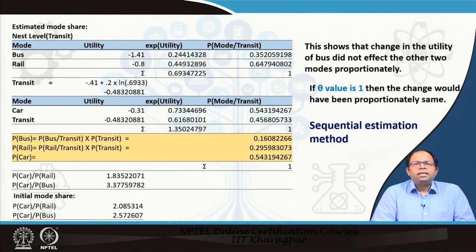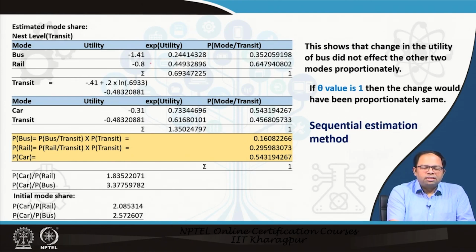So, now I change it: the city has done something so that the utility of bus has become minus 1.41, while rail remains at minus 0.8. We can estimate again between bus and rail, and the probabilities become 0.35 and 0.64.